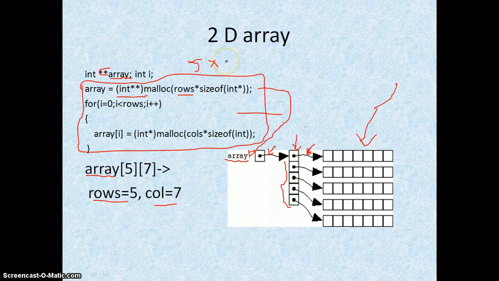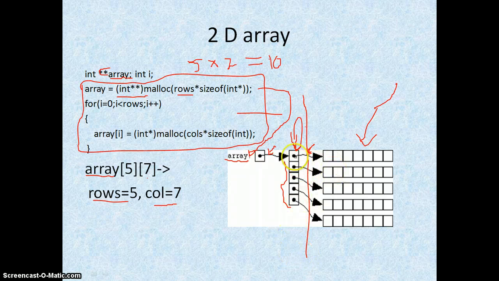If you take 2 bytes, then 10 bytes of memory would be allocated for these rows. So here array is a pointer to pointer, and it allocates 5 locations, each of 2 bytes. Now we are done up to here.